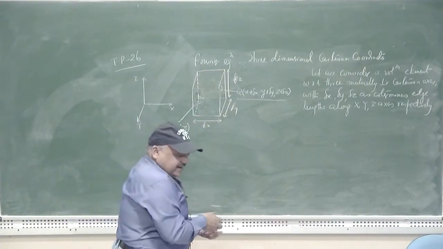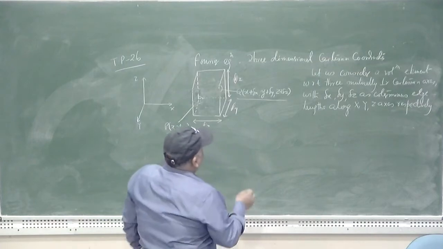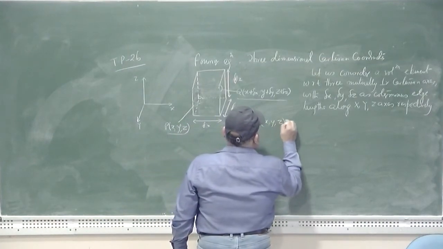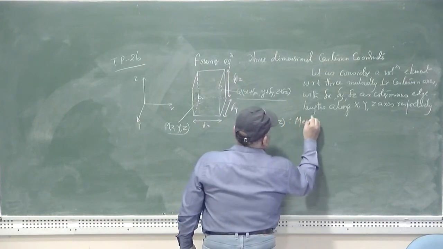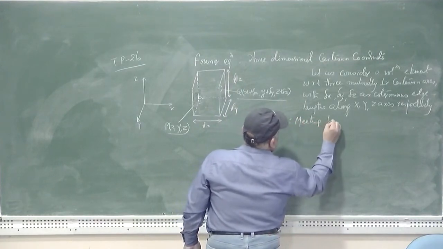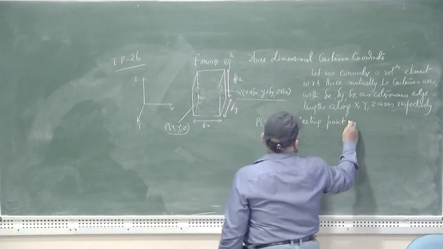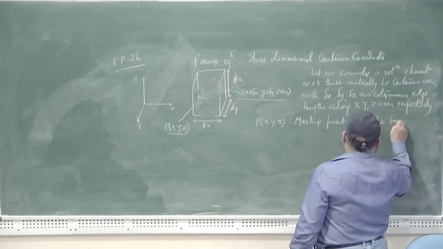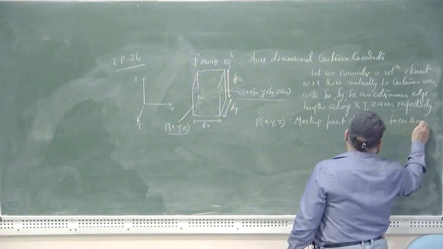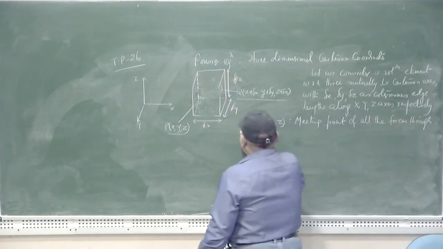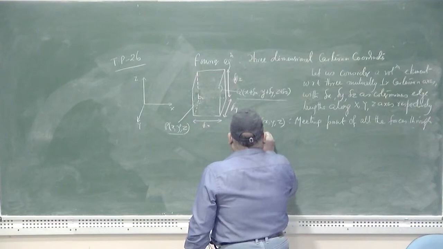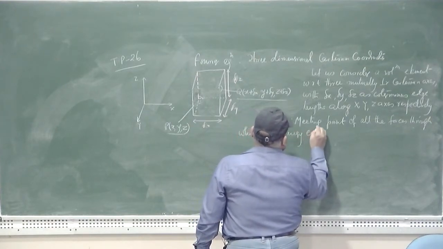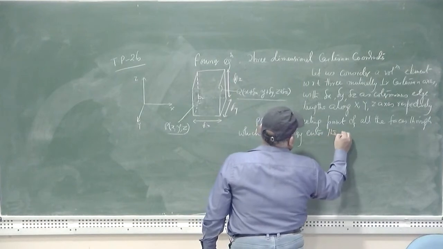So we can write here that P(x, y, z) is the meeting point of all the faces through which heat energy enters the volume element.